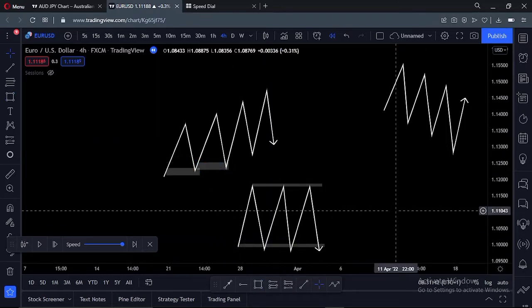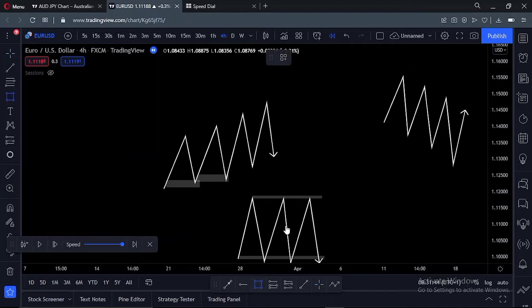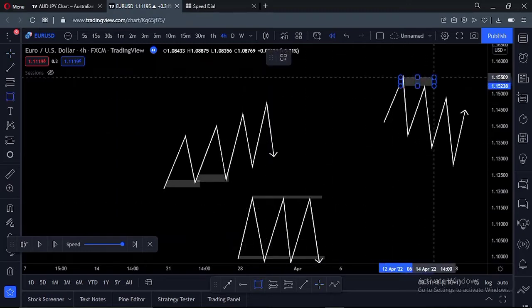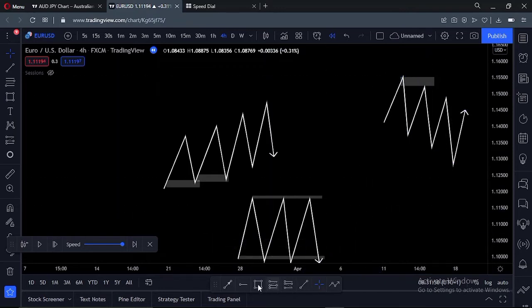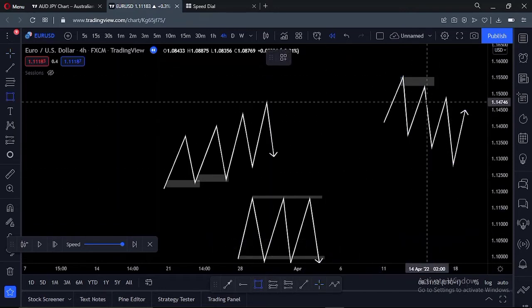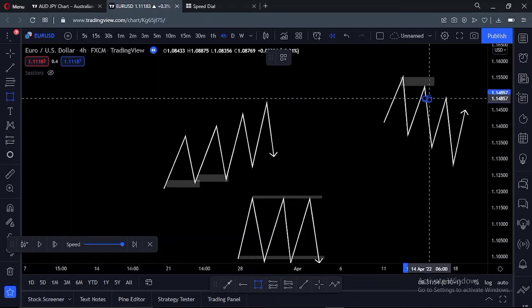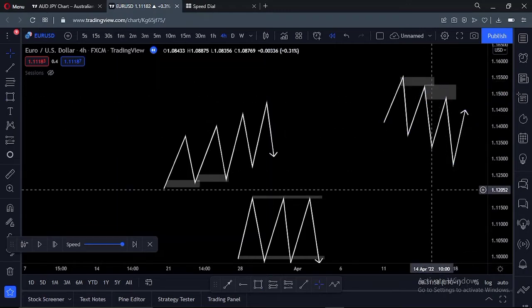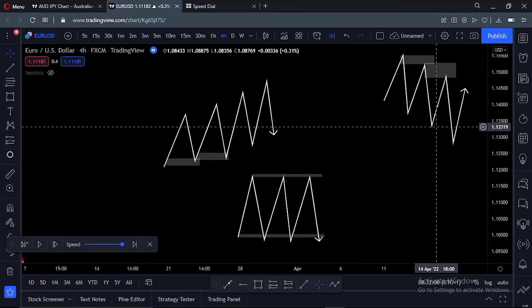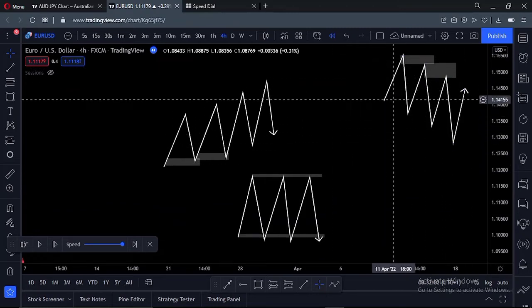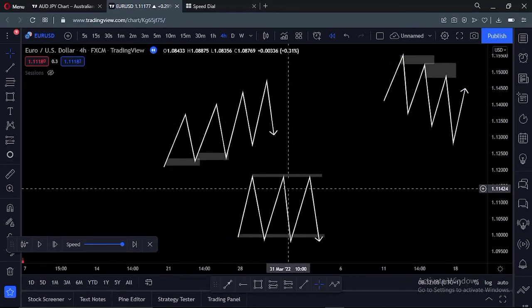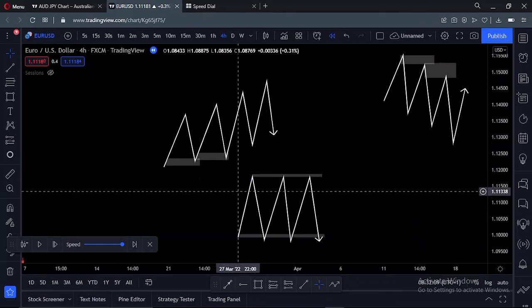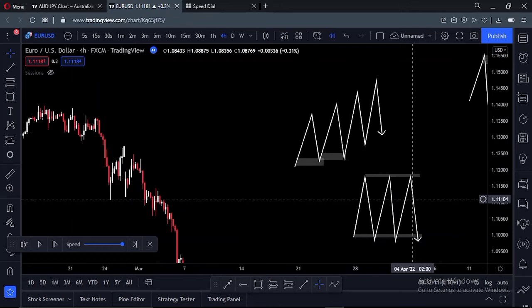Then in a bearish market structure, price respects supply zones. And like I said, this is just a textbook explanation of what a bearish, bullish, or consolidating market structure is. Coming into the real markets, they are not as clean as this, right?